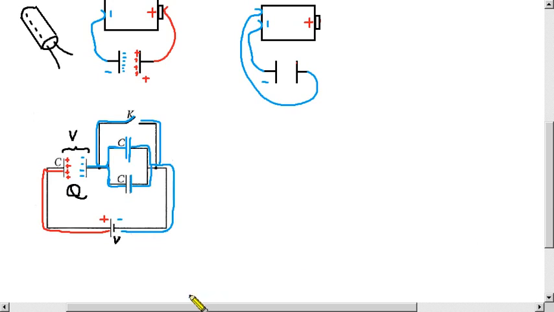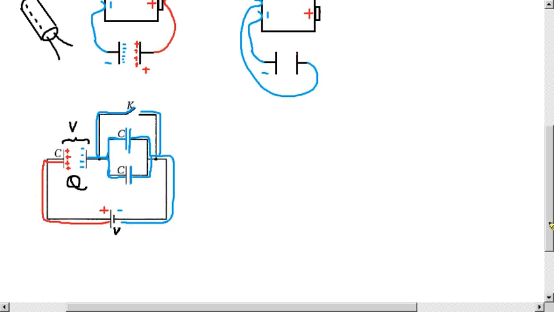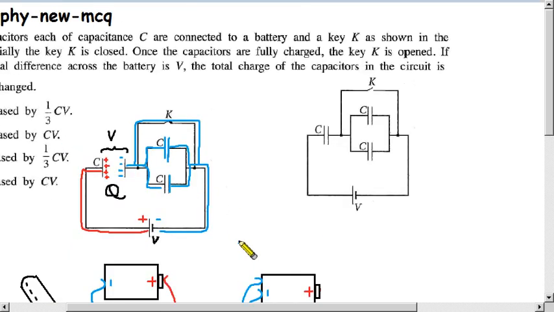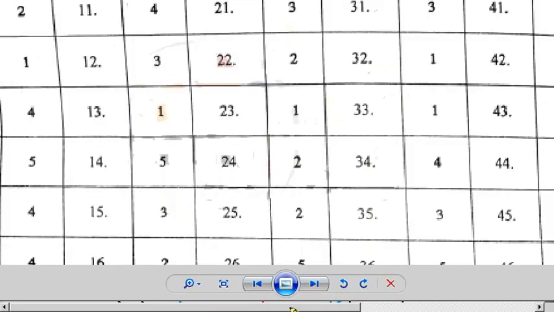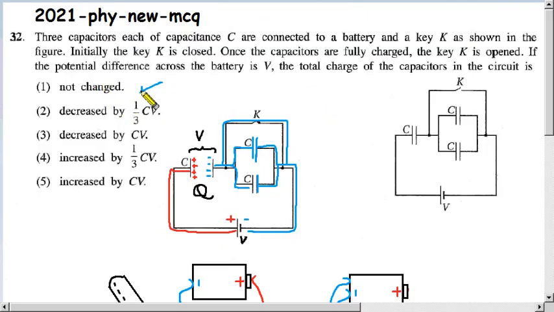The red wire is there as it is still, so the positive charge is there still. So therefore nothing changed. Therefore the charge remains constant. So the answer is therefore this one, not changed. The charge doesn't change. So the answer is the first one. So correct.